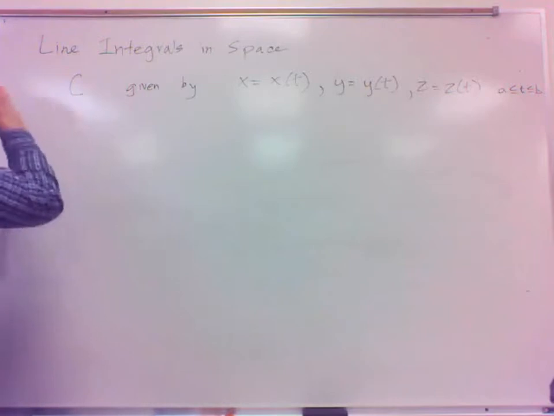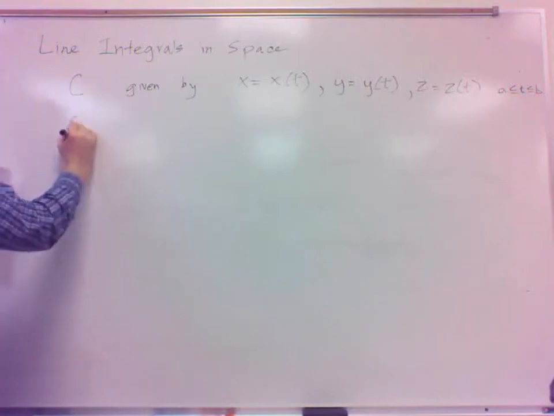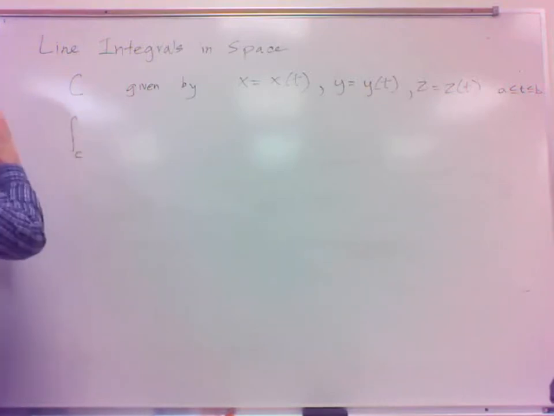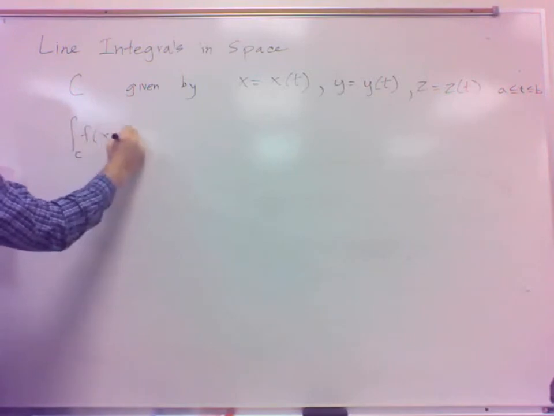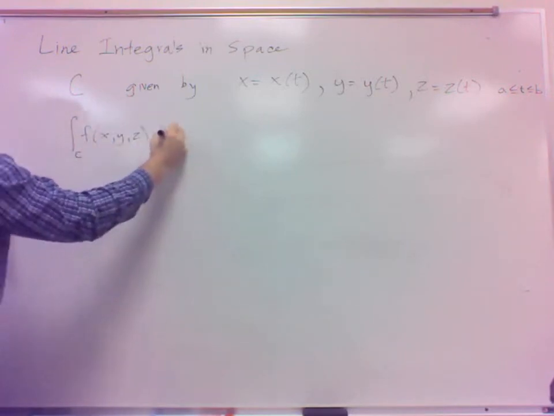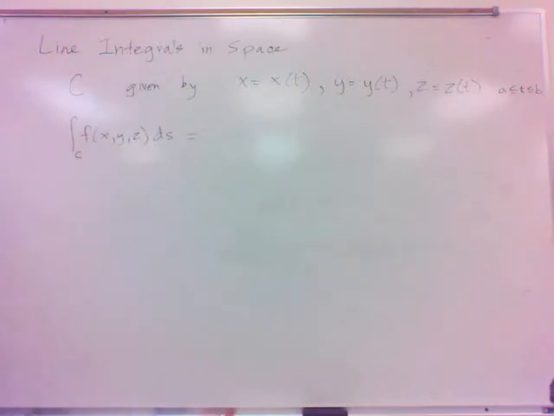It's very analogous, because then the line integral over C of our whatever function in x, y, z over the arc length, ds, differential in terms of the arc length.